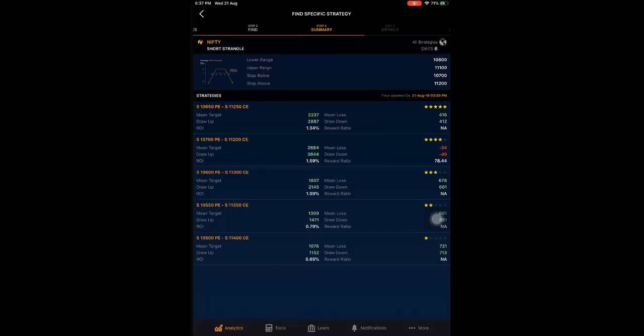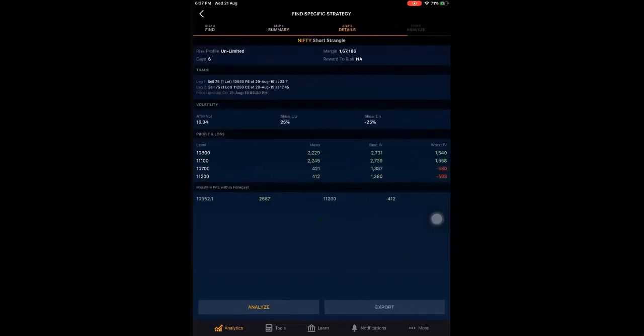And when my target date went to 27, it selected the monthly option. So this way it has its own learning. It is doing machine learning wherein it picks up the expiry which is best suited for your entire forecast.